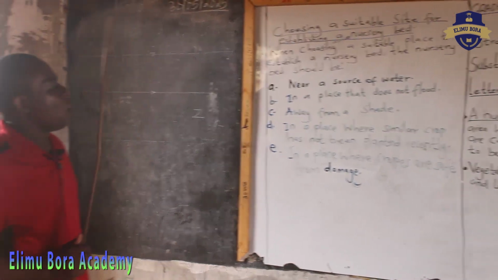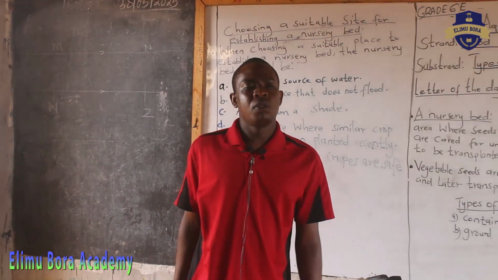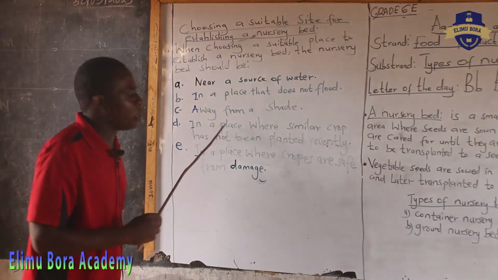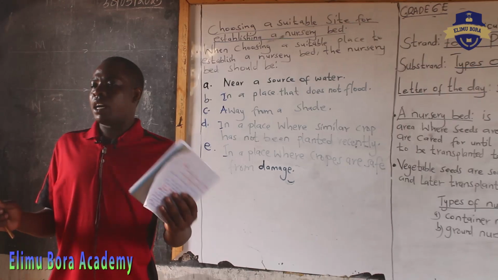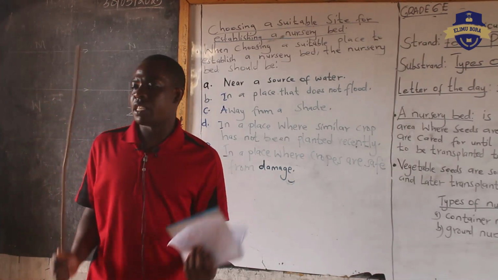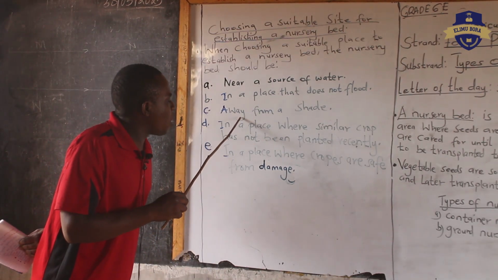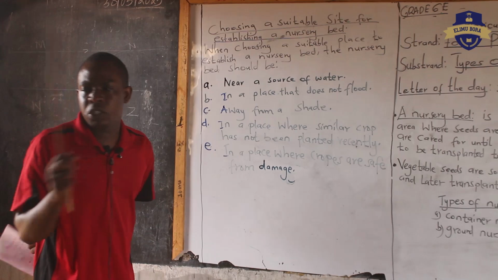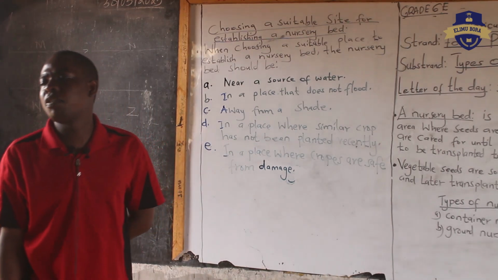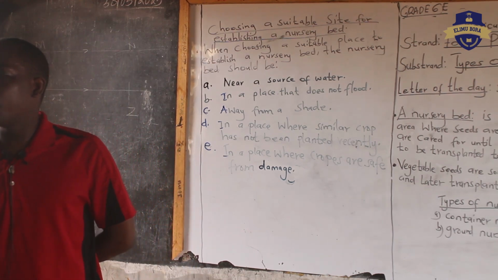Another point, away from shade. Why? We know that sometimes there is a lot of sunlight, isn't it? Why are we saying that we are not supposed to construct our nursery bed near a shade? Who can give me a reason?